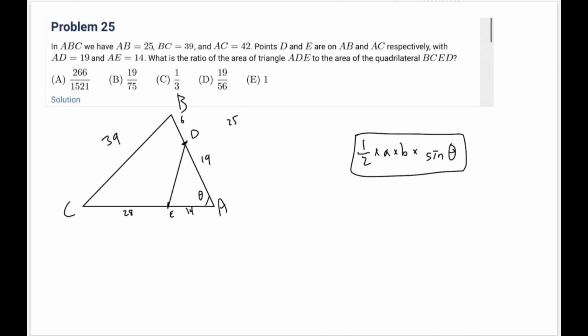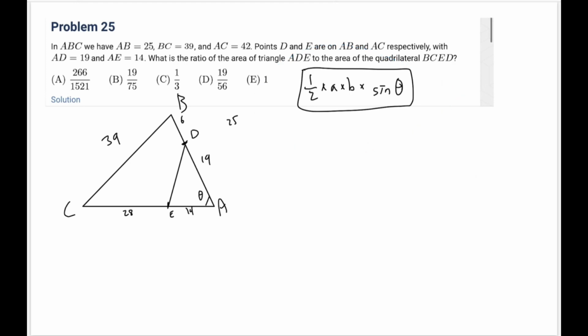And so, moving this formula up like that, ADE is this triangle. This will be 1/2 times 19 times 14 times sine theta, right?